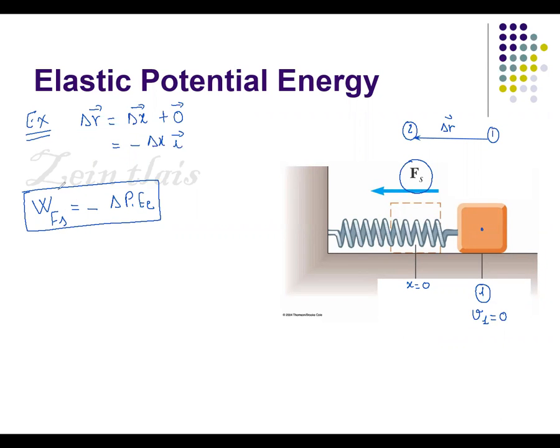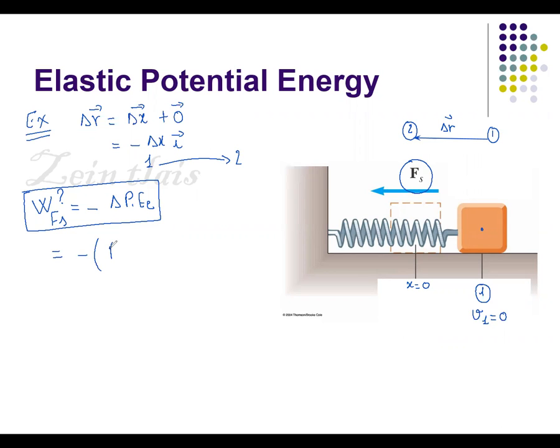I need to calculate the work of Fs. So it equals minus delta, I am working between position 1 and position 2. So position 1 is the initial position and 2 the final position.